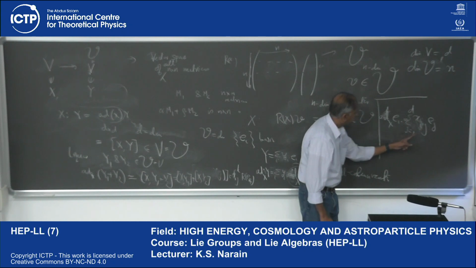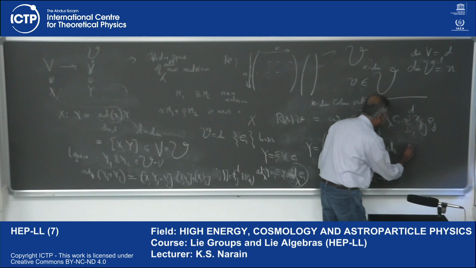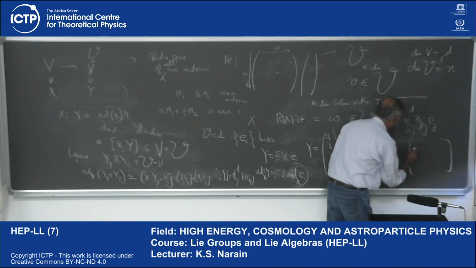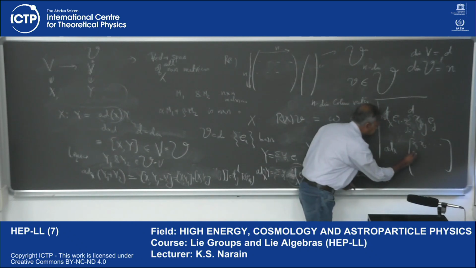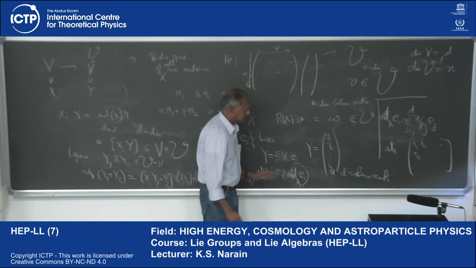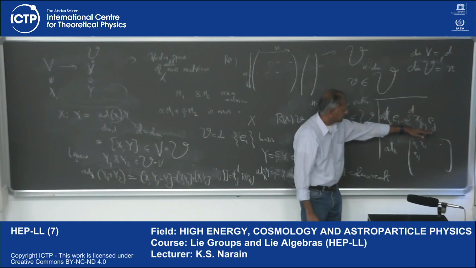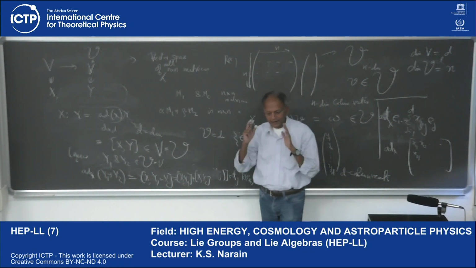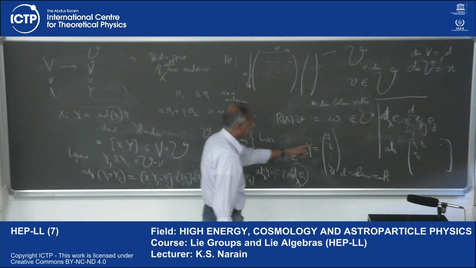Now I can write ad x simply as a matrix whose entries are x11, x12, x21, and so on. So that's all it is. Once you are given a linear action on a vector space, you can always write that linear action as a matrix.